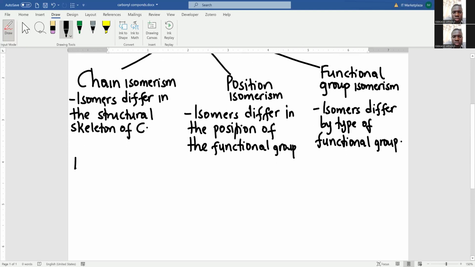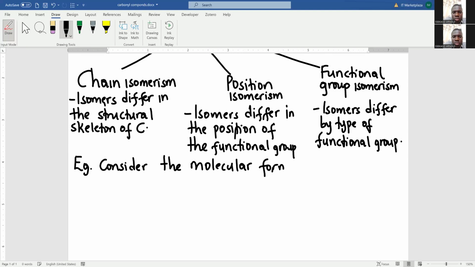For example, consider the molecular formula C5H10O.